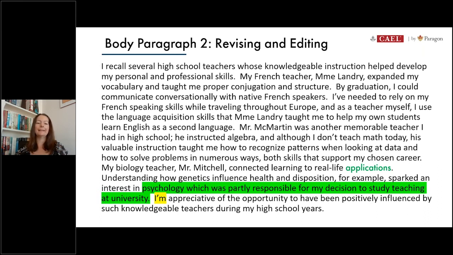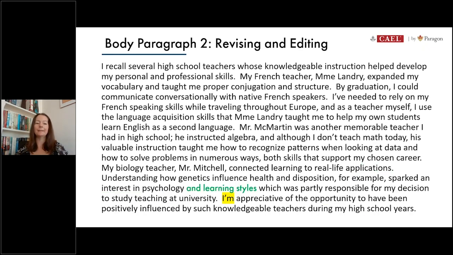So I've made this connection between Mr. Mitchell's biology classes, and I've cited psychology here, which pushed me towards studying teaching at university. So because I'm really honing in on teaching as my career, I'm going to add that little phrase there. So his lessons sparked an interest in psychology and learning styles, which was partly responsible for my decision to study teaching.